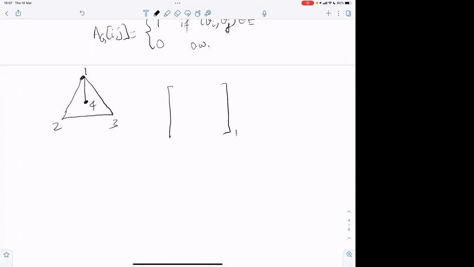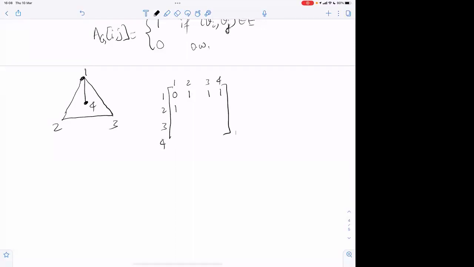I'll write 1, 2, 3, 4 along the rows and columns. So 1 to 1 is a non-edge because we have no self loops. 2 to 1 is an edge, it's a symmetric graph.